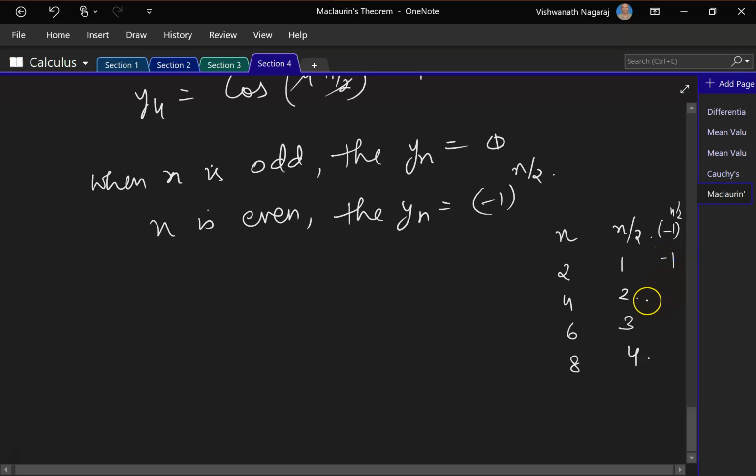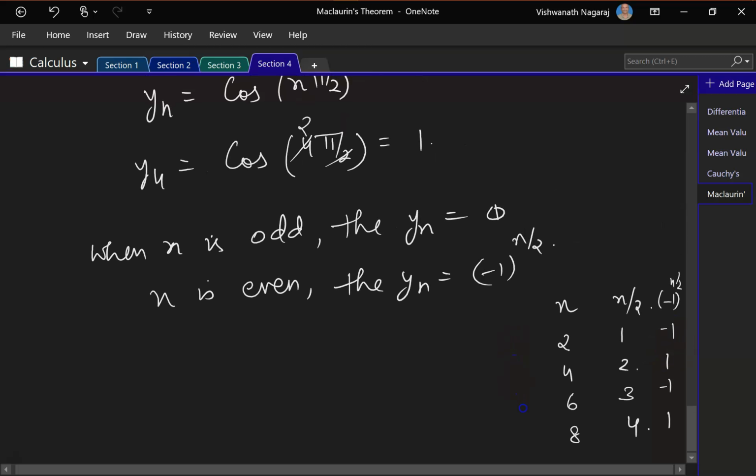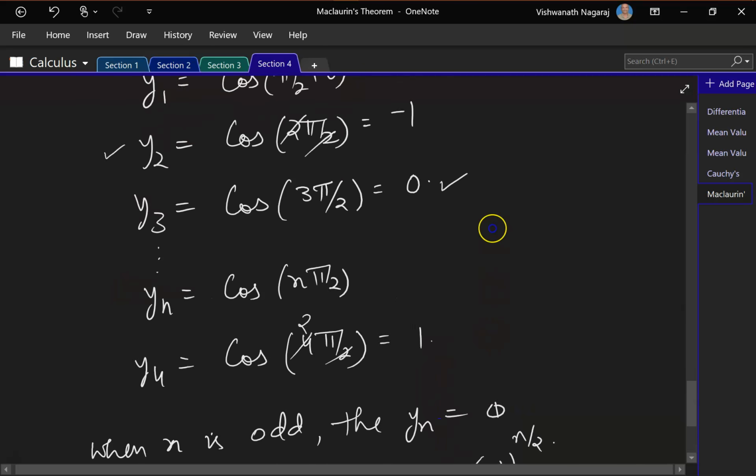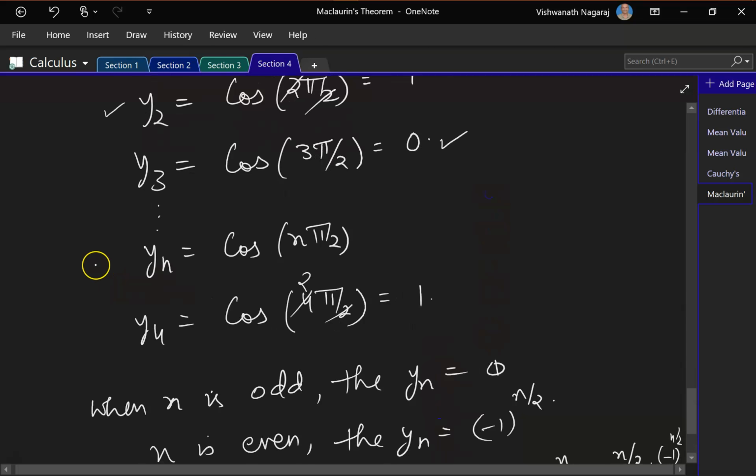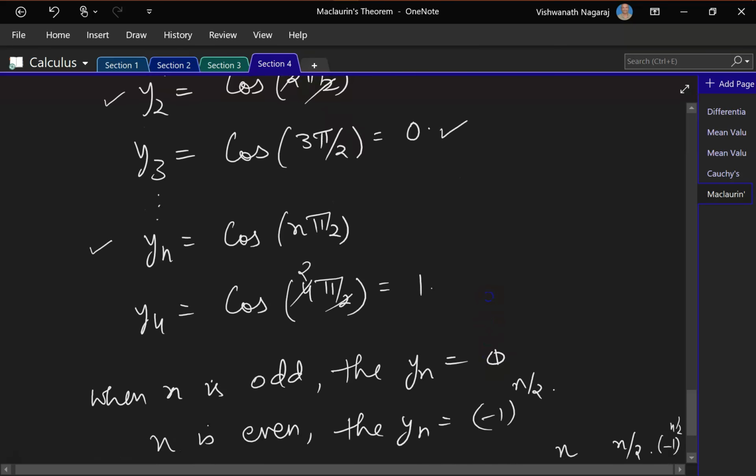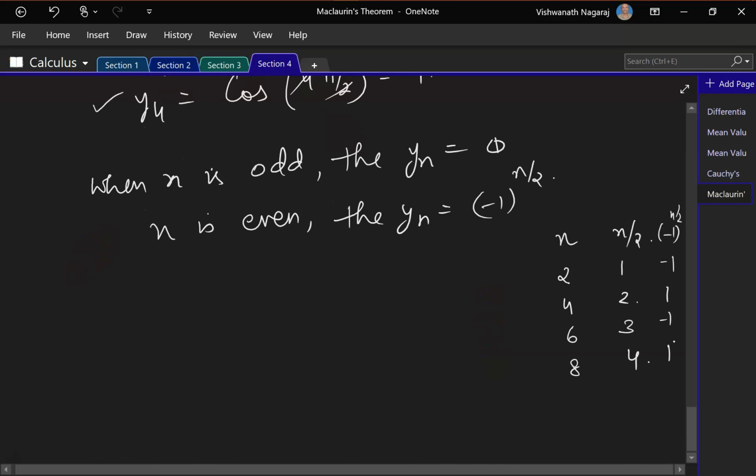Here minus 1 to the power of 2, 1. Minus 1 to the power of 3, minus 1. Minus 1 to the power of 4 is 1. So y2 is minus, y4 is going to be plus. So be careful about this pattern, because you have to figure this out.